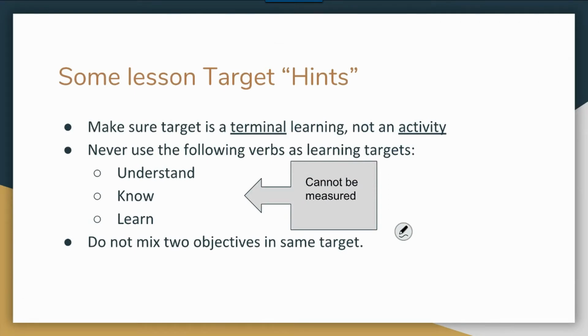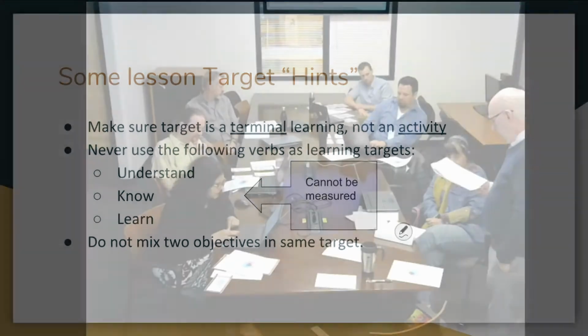And the last thing is, we tend to put compound sentences together as targets. Let's see, I think I have an example here. The students will research and write. The problem is that they might be successful at one and not the other, and you won't know the difference with one target.